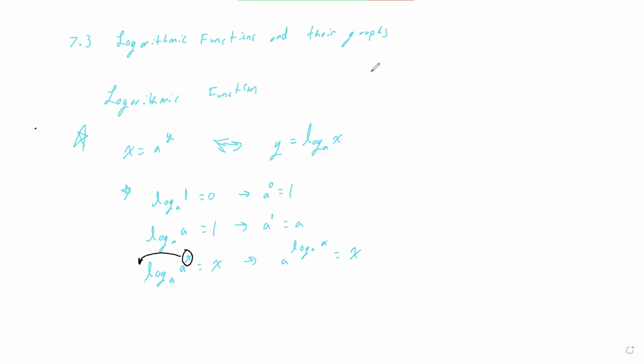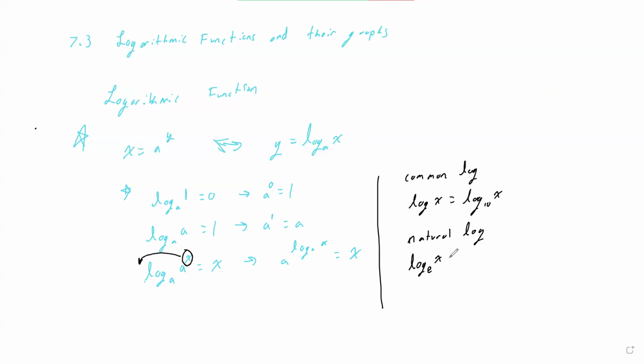Another thing you might see is what they call a common log. If you see just log of x, there's basically a base 10 there. If we don't write it, there's an imaginary 10. We also have a natural log. And instead of saying log base e of x, we'll just say ln of x.